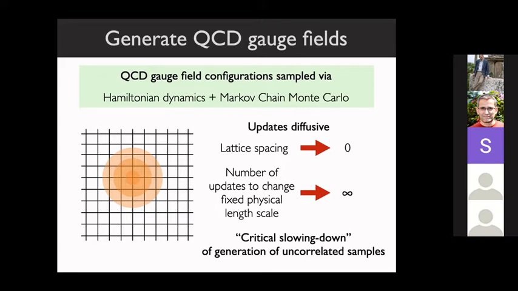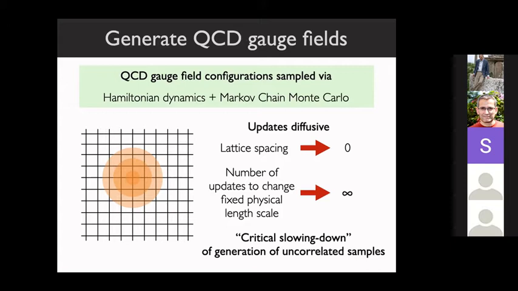And so this is critical slowing down in this context. Okay, so this is one of the big challenges through the generation of fine configurations with fine lattice spacings for lattice QCD calculations. And this is one of the reasons that machine learning approaches to this task are developing very rapidly.